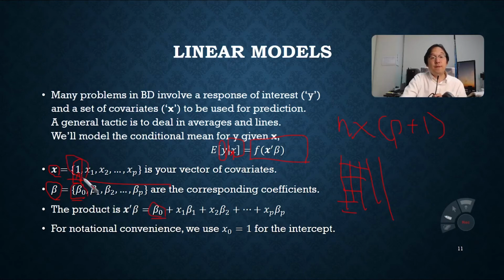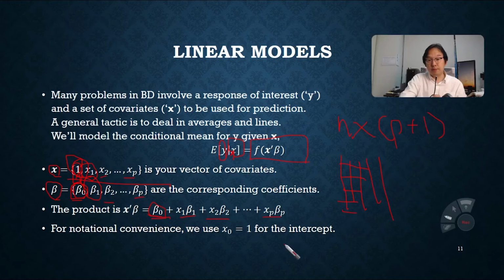First column vector times the coefficient of this column vector, 1, beta 0. That turns out to be just the y-intercept. And then the next one should be the multiplication between x1 and beta 1, and then the second one, x2 beta 2, all the way down to xp beta p, right?